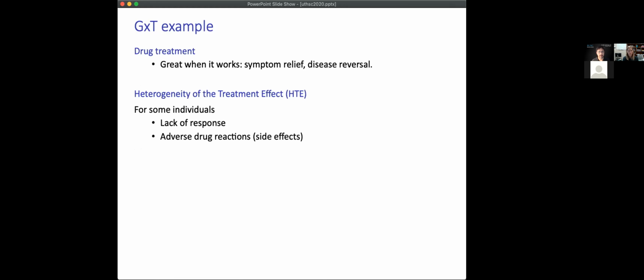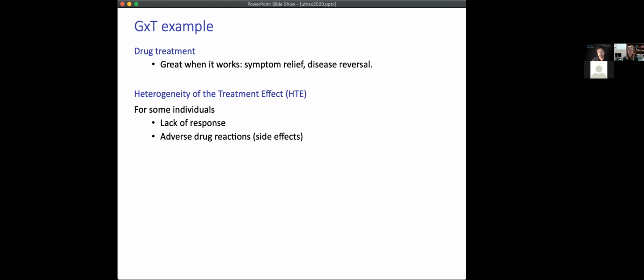The formal name for this is heterogeneity of the treatment effect, or HTE. Some people call it treatment effect heterogeneity or treatment effect variability. There are a whole bunch of different names, but I'm just going to refer to it as HTE here.